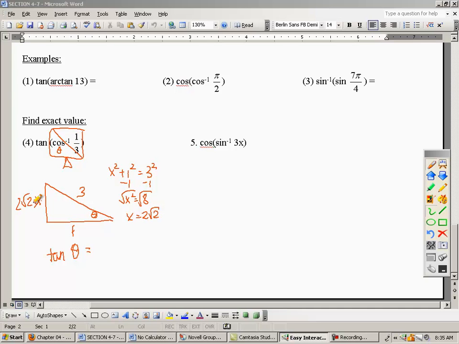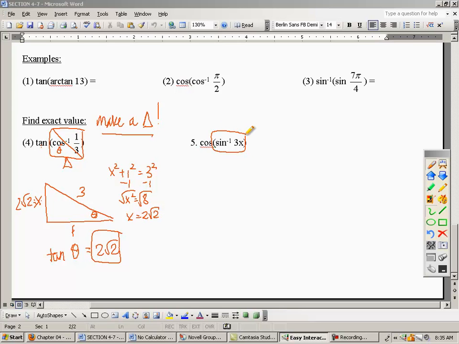So when I now do the tangent, 2 square roots of 2 divided by 1, my answer then is 2 square roots of 2. And so when the trig values do not match, it means make a triangle. Okay, and we're going to use that triangle. So let me show you one more, and we'll practice some in class.